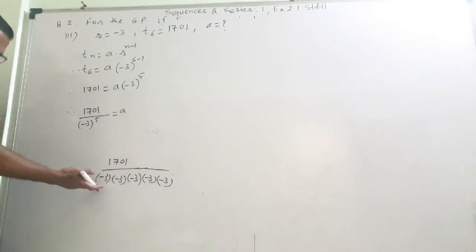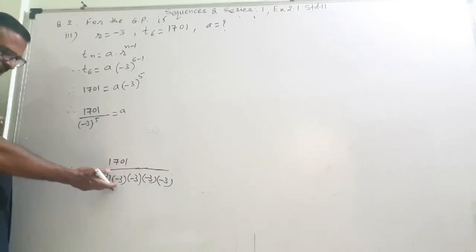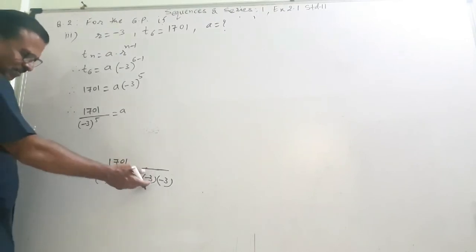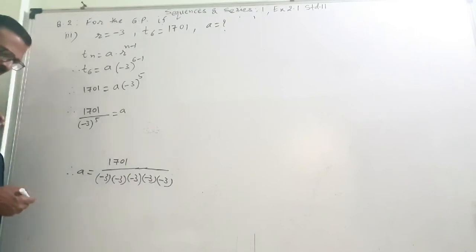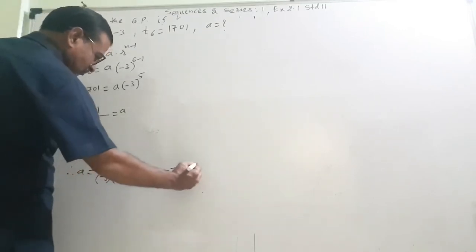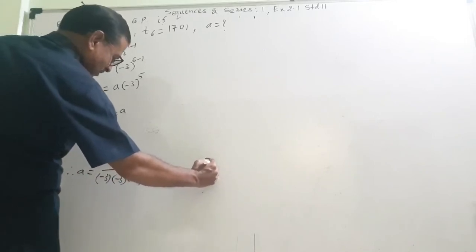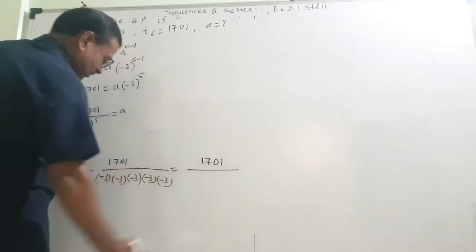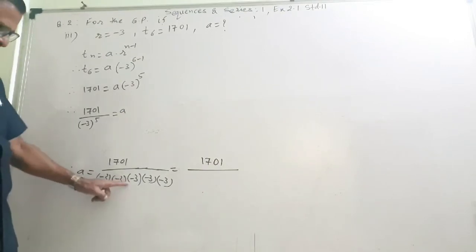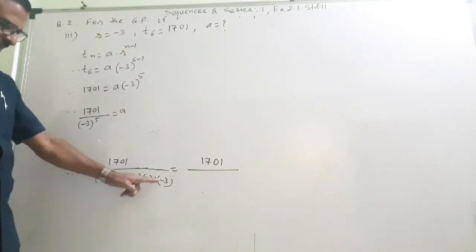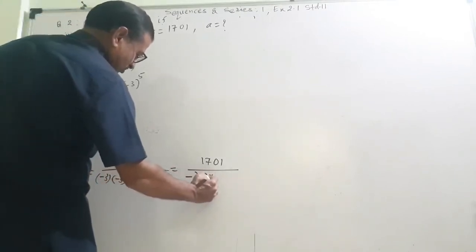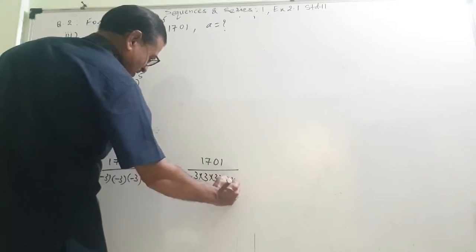So anyhow, in this, minus into minus will become plus, this will become minus, then plus, and then minus. So that is nothing but 1701 upon this minus into minus will be plus, this minus into minus will become plus, and this is minus, so minus 3 into 3 into 3 into 3 into 3.